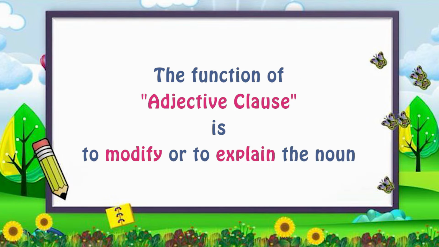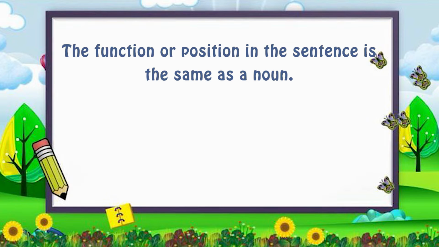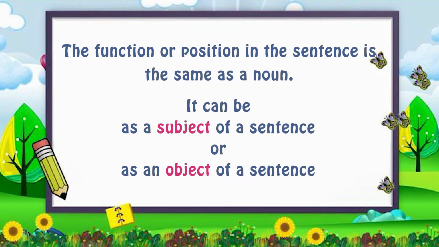But now the function of the noun clause is to replace or to substitute the noun. So the function or the position of the noun clause in a sentence is the same as a noun. It can be the subject of a sentence or the object of a sentence.